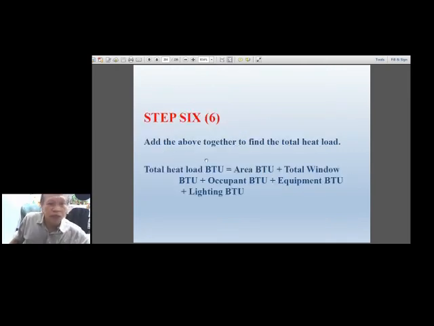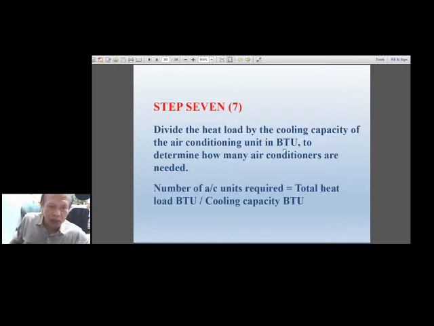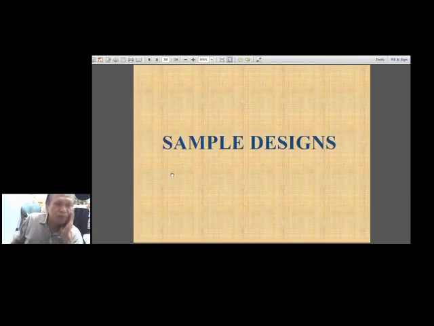Step 6. Then you're going to sum all these heating requirements in BTU, no? Yeah. So, divide the heat load by the cooling capacity of the air conditioning unit in BTU. Number of aircon units required: total heat load in BTU divided by the capacity of the aircon.